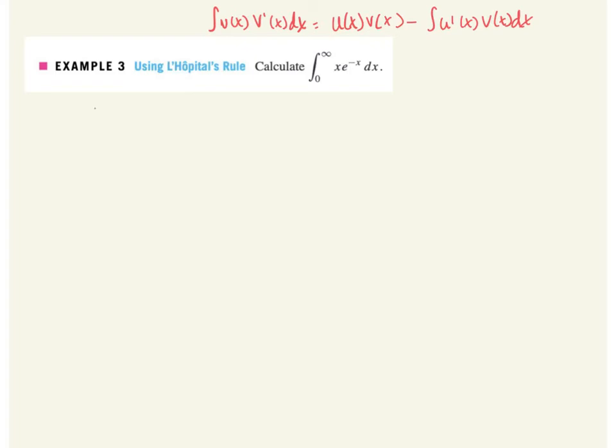So first we can acknowledge that we can name x our u, and v prime is then e to the negative x. Filling in everything else, if we have 0 to infinity of x e to the negative x dx, this is equivalent to uv, so x, v would have been negative e to the negative x, so I'll put the negative out in front, plus the integral of u prime, which is 1, times v, so it's e to the negative x.